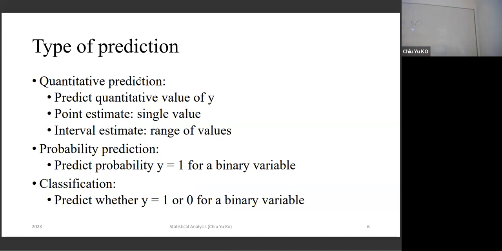There are several types of prediction. I think we learned that in topic 3 about interval estimation and point estimation: X bar plus or minus 2 SE. If you still remember the interval, you predict just that itself, the quantitative one. This is the most useful one. And we just covered the probability, or logit, which is probability prediction.